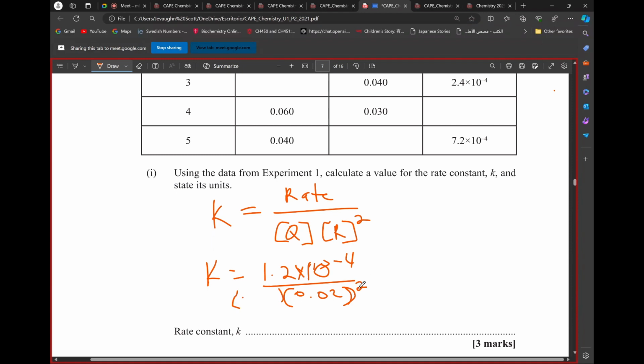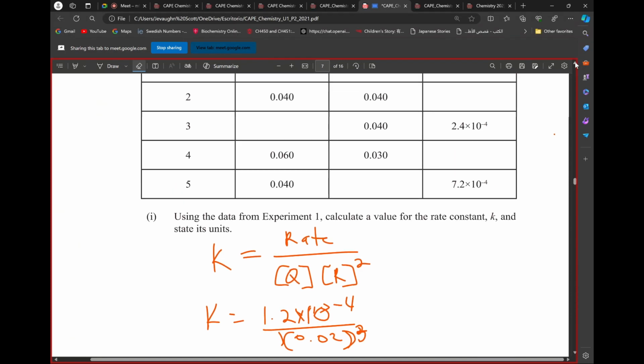I should put a cube. Sorry about that. Cube it. I cubed it, but I forgot to write it here. So what is the answer when you cube it?